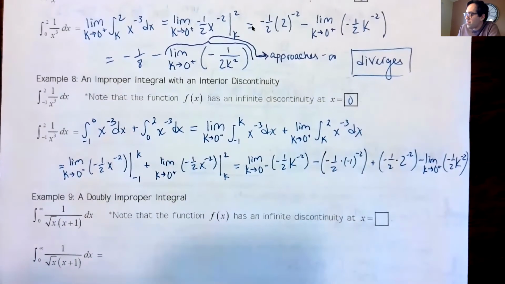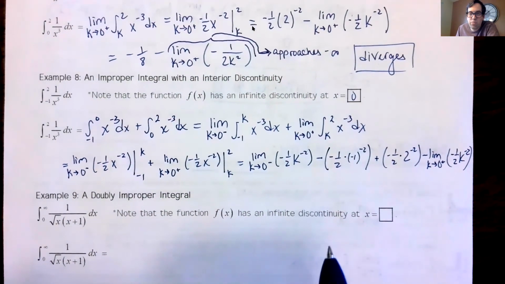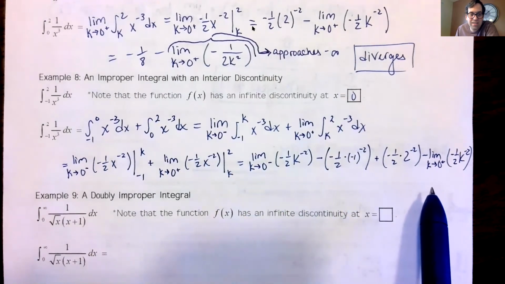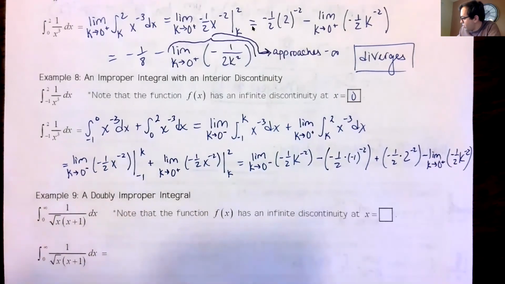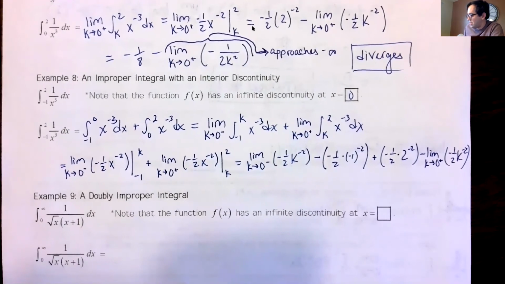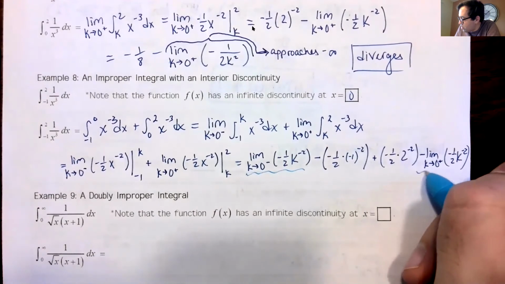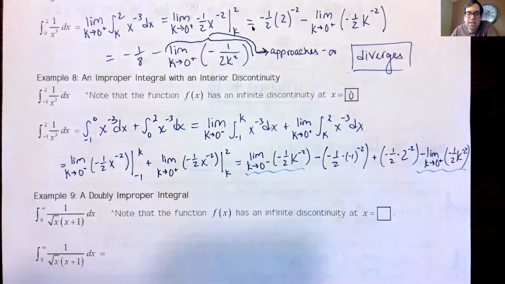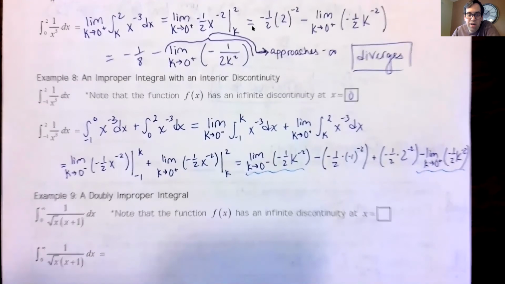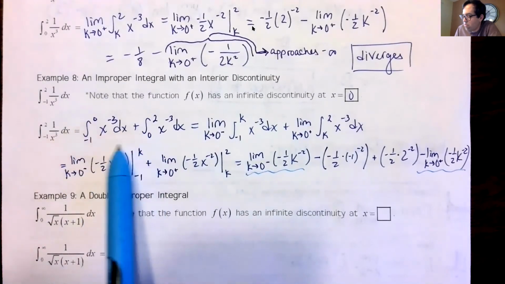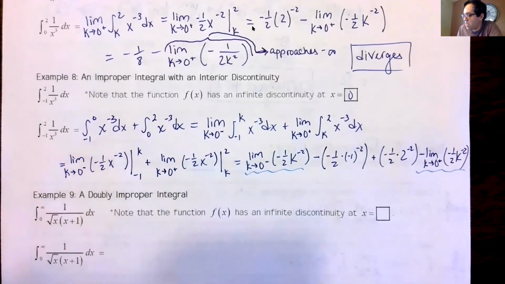All right. So something that is potentially tempting when you're solving a question like this is to say, wait a minute, we've got two very similar limits. One is added and one is subtracted. So let's cancel them out. But we don't want to do that. We don't want to cancel out infinities when one of them was part of the first integral and one of them was part of the second integral.